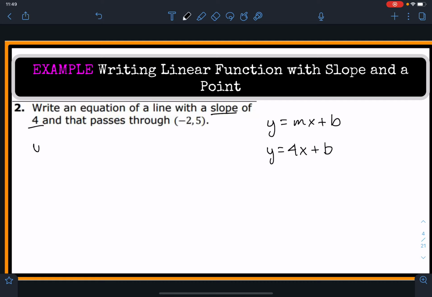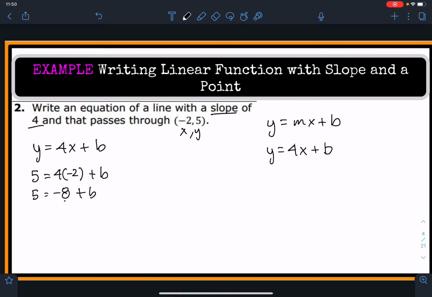So knowing that our slope is the number 4, I can plug in a number for x and for y, because that's what's provided for us. We're given an x and a y coordinate. If I plug in those numbers in the corresponding places, I get that 5 is equal to 4 times -2 plus b. Multiplying 4 and -2, that's equal to -8.